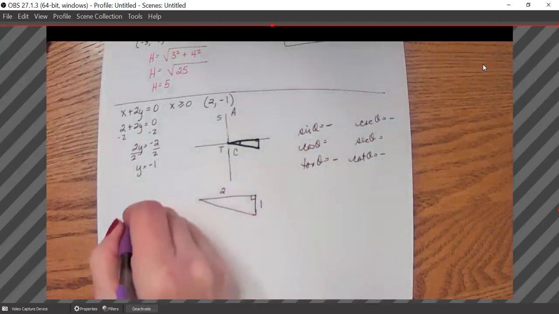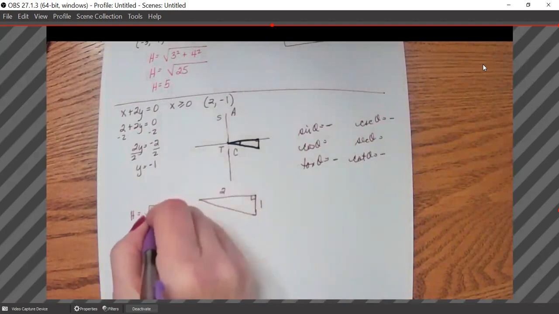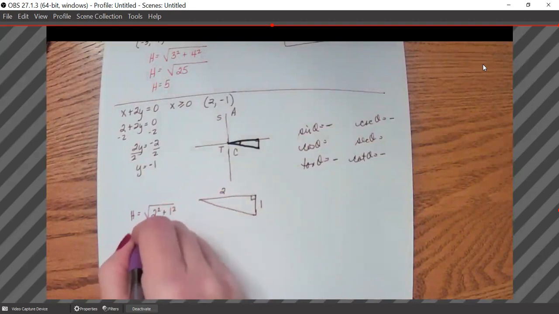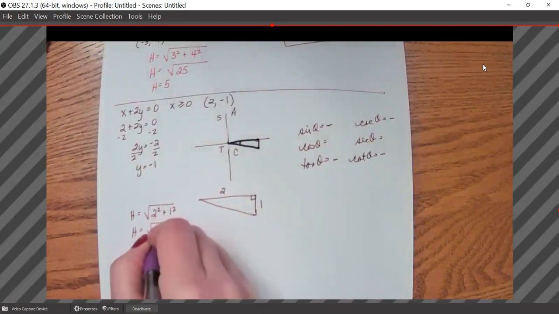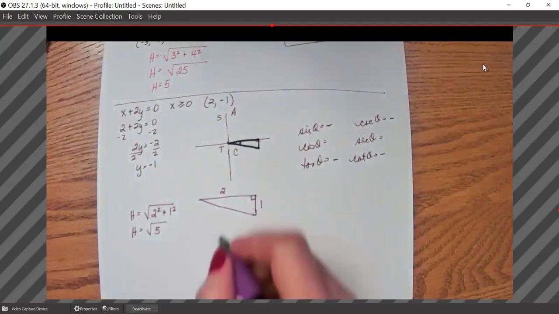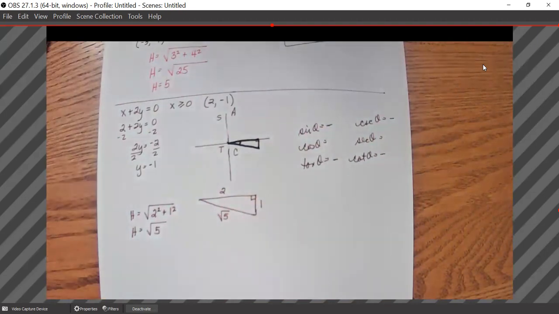All right, so let's find the hypotenuse. Hypotenuse is going to be 2 squared plus 1 squared. Hypotenuse is going to be the square root of 5. And we're just going to leave it as the square root of 5. Exact value square root of 5.